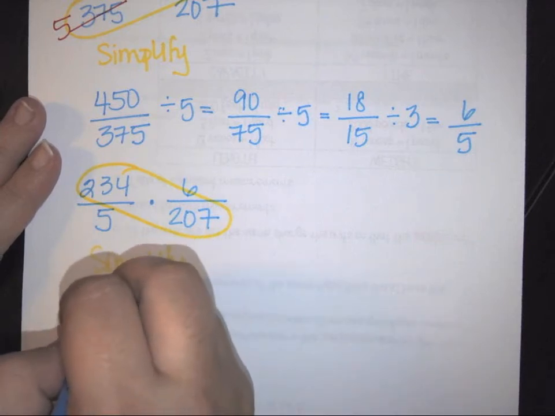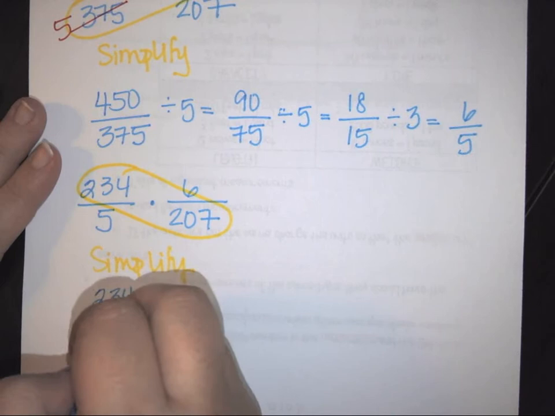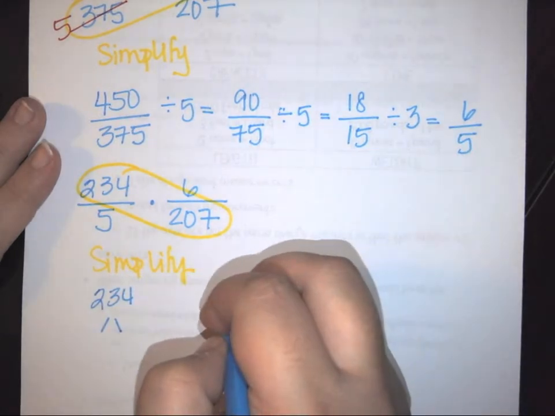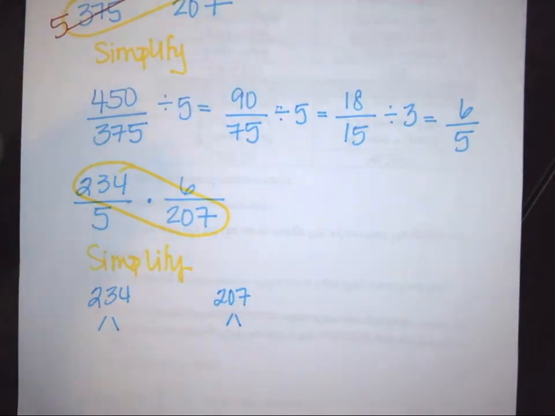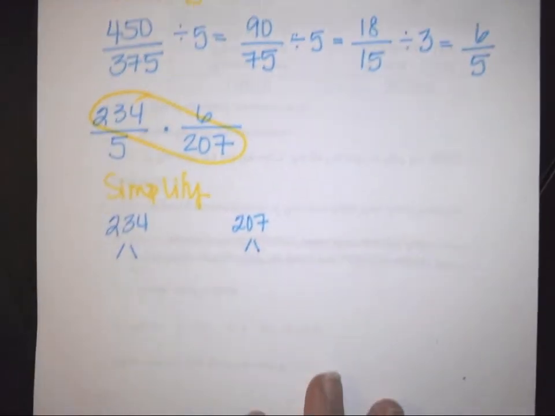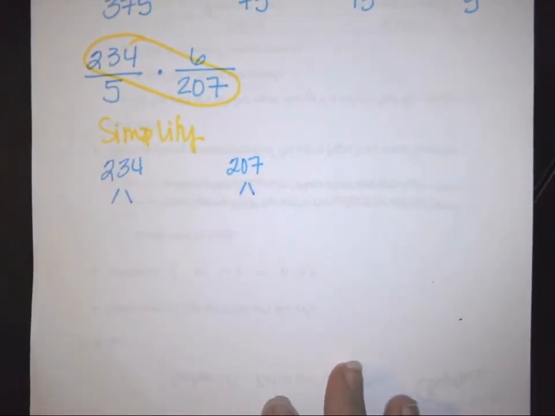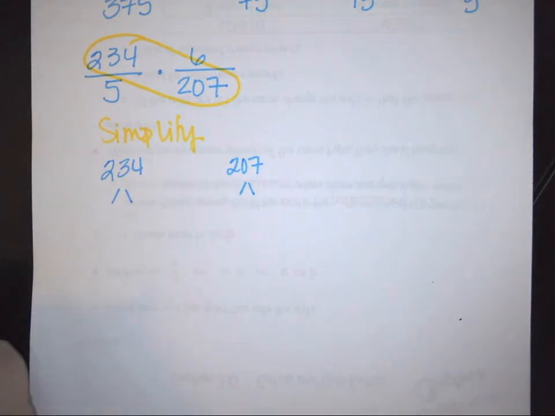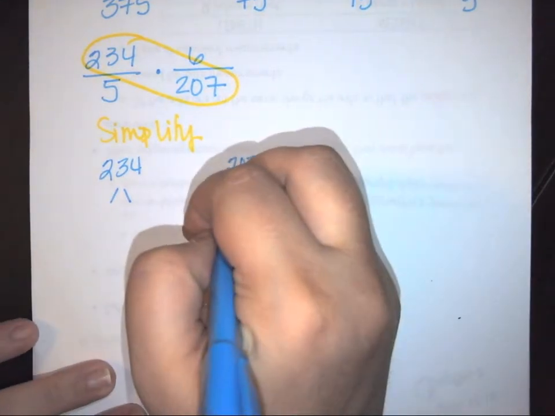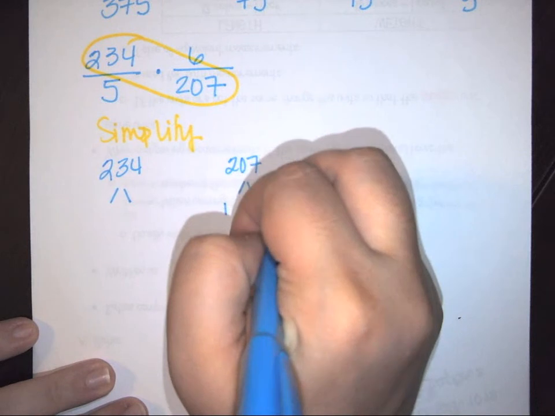So let's go ahead and get started. I have 234 and I have 207. Usually the smartest thing to do is to start with the smaller one, so we'll do that. So I have 207, and first I know I have 1 and 207.